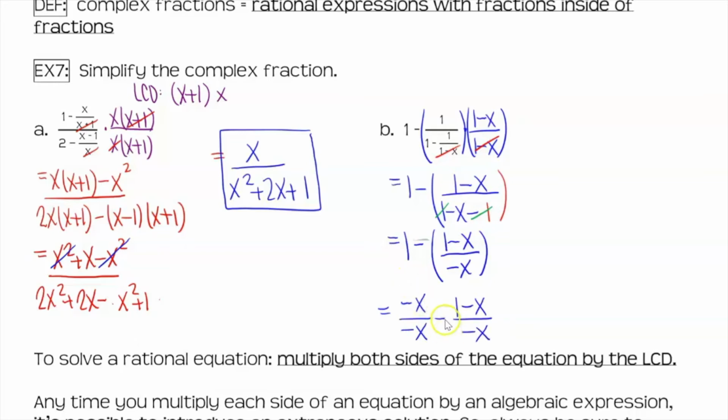And then we can combine these. So the numerator is going to be negative x minus 1 plus x if I distribute correctly. And then the denominator is negative x. These x's are going to cancel, and we have negative 1 over negative x, or just 1 over x.